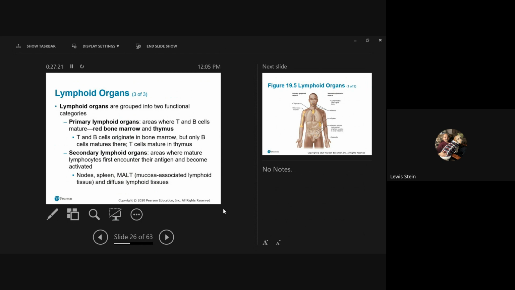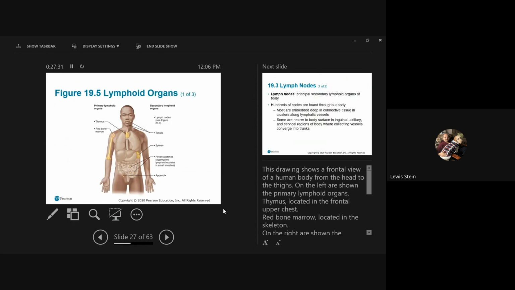And that's where you see lymph nodes, the spleen, that acronym I gave you, MALT, mucosa associated lymphoid tissue, and all these other areas where there are clusters of nodes. So you can see it in the tonsils, the bone marrow, the spleen, which is kind of next to your stomach on the outside, the thymus, and all of those areas.